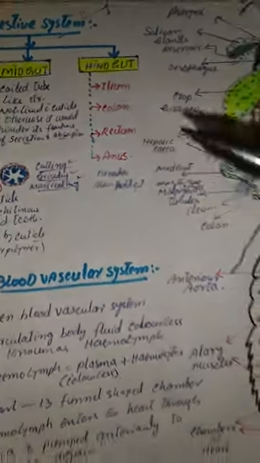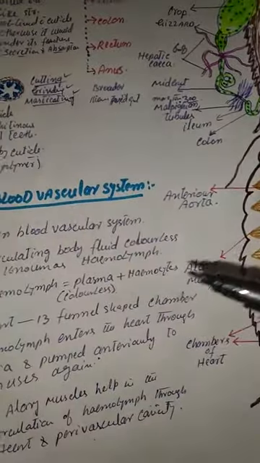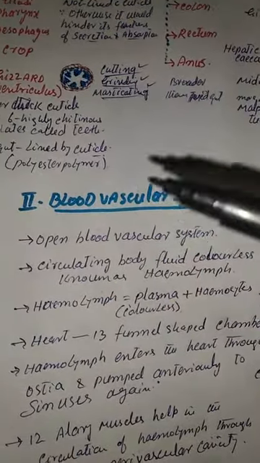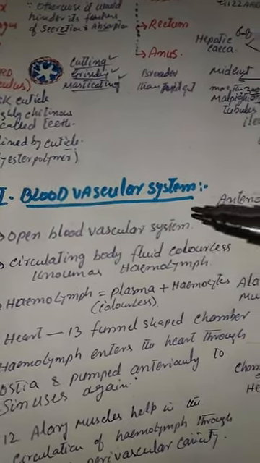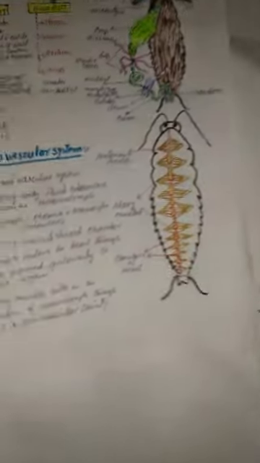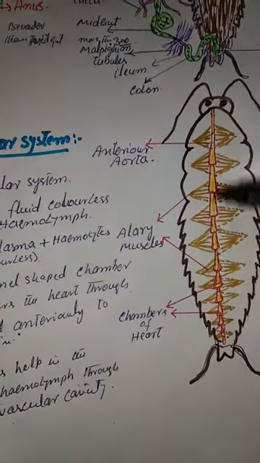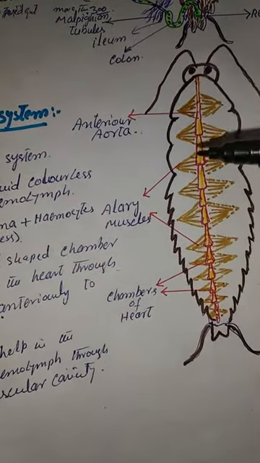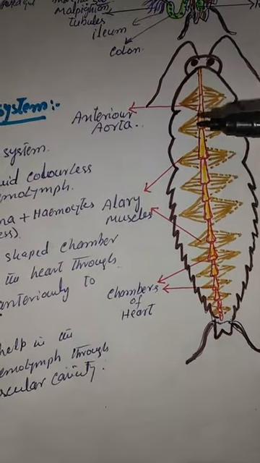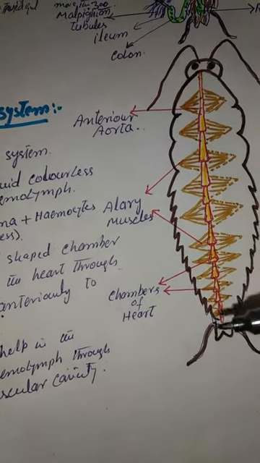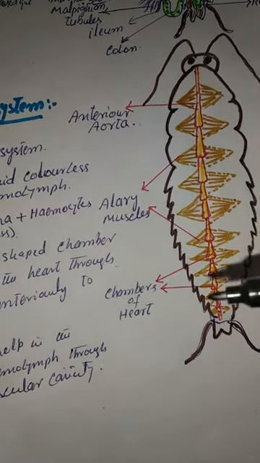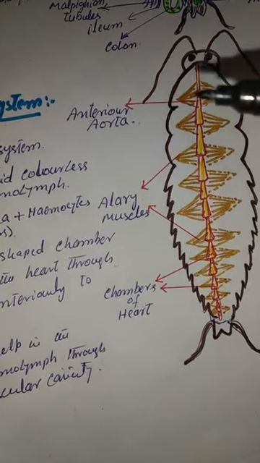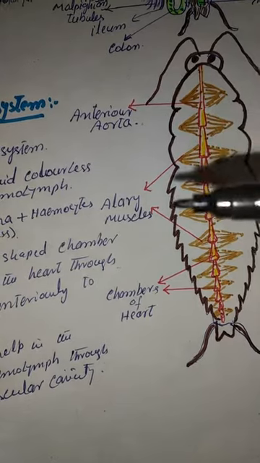After it, we will take up the next organ system of this insect, that is the blood vascular system. As depicted in this diagram, this is the blood vascular system. These are the chambers of heart extending throughout the length of the body dorsally, and is supported by a series of alary muscles.